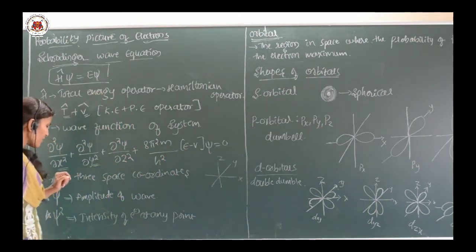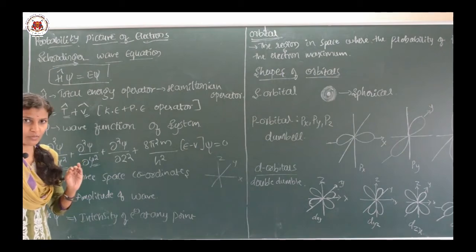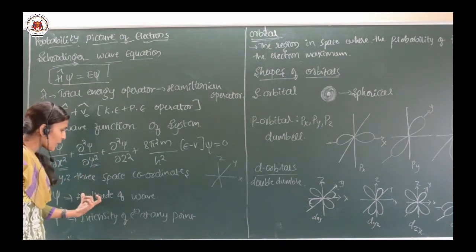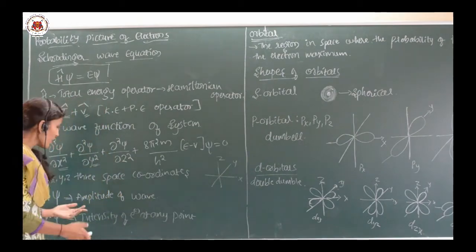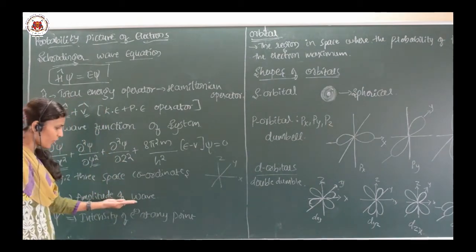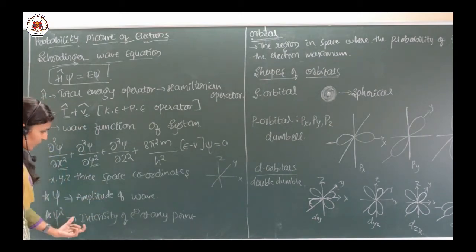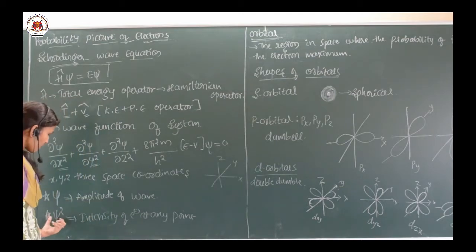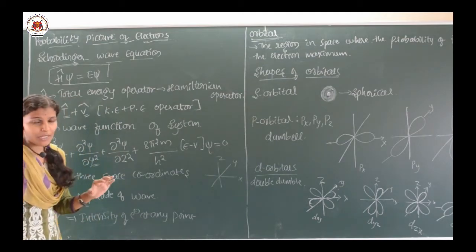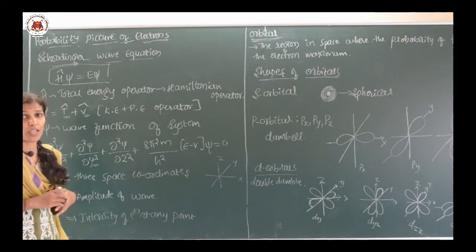And we can say that psi is the amplitude, which is the wave function of the system, that includes the amplitude of a wave associated with an electron. Psi is the amplitude of a wave associated with an electron, and psi square is the intensity of the electron at any point, the maximum probability of finding the electron, where we can find the maximum number of electrons.